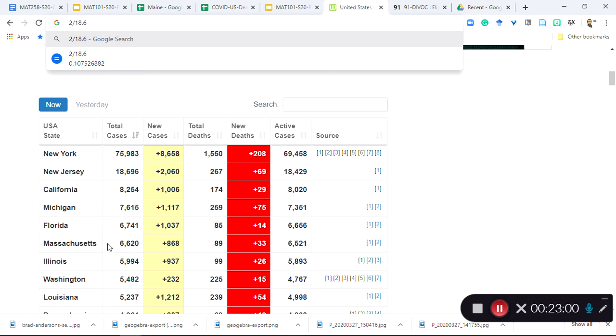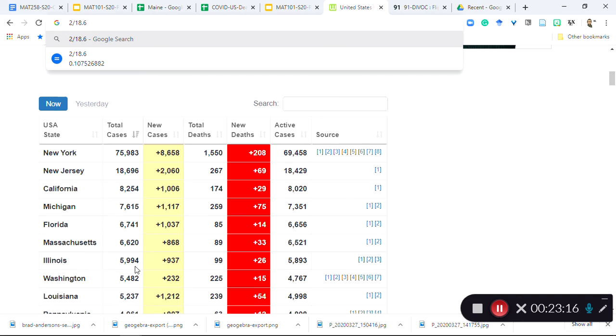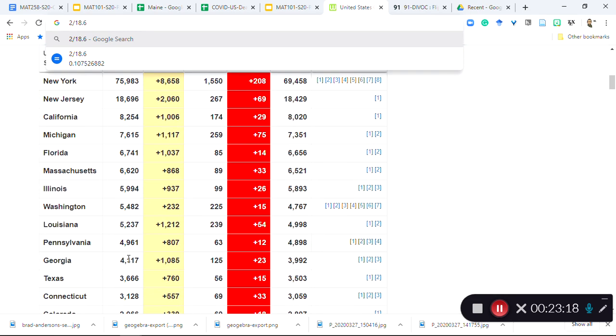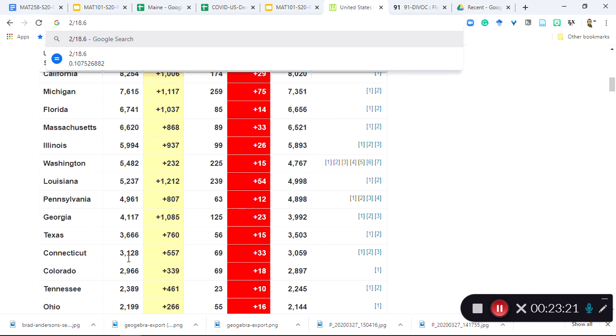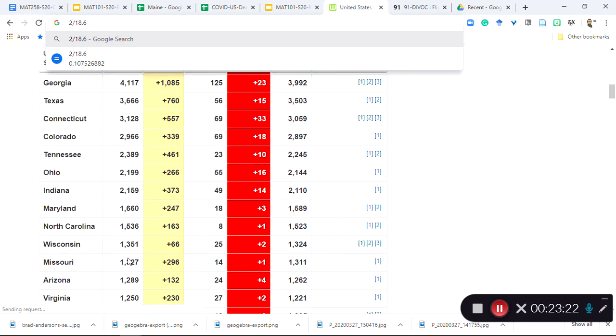So we're talking about nearly a 10% increase. I mean, it's just going to grow very quickly. So all these sorts of things, if you look back to previous videos, they were much lower just a few days ago.